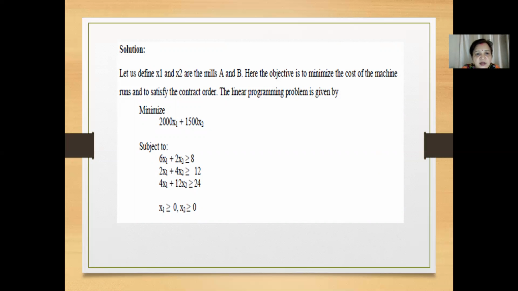Here we define x1 and x2 for mills A and B. Here the objective is to minimize the cost of running the mills.